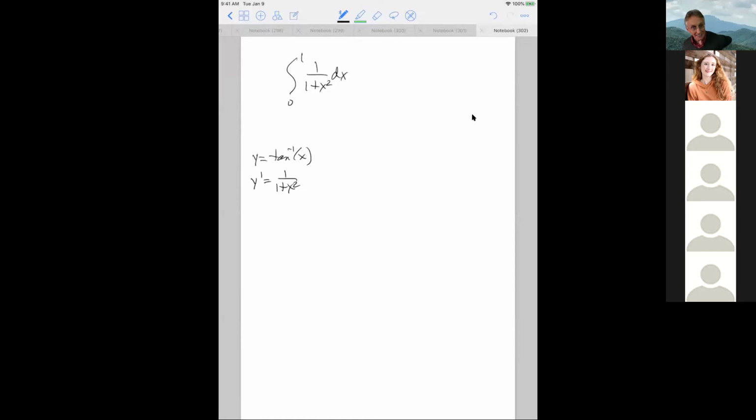And so if you've got this to start with, this is equal to the inverse tan function, or arctan as it is sometimes written, of x from 0 to 1. All right? So that gives us inverse tan at 1, where the y value is equal to 1, and we've got minus inverse tan at 0.